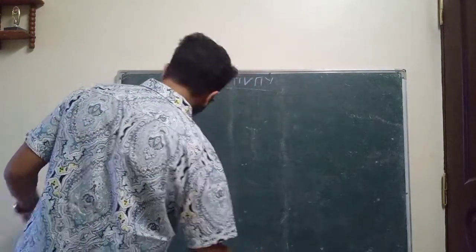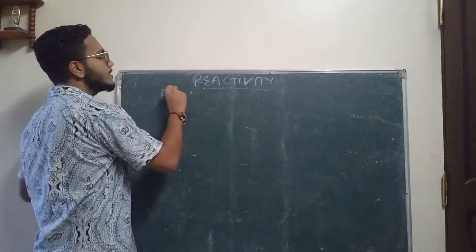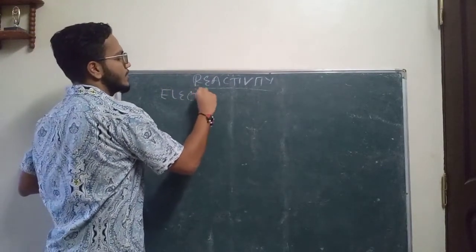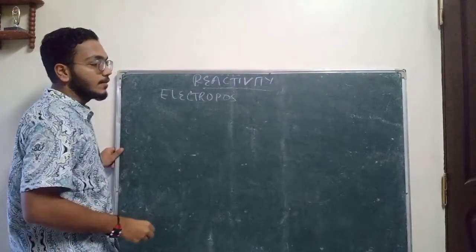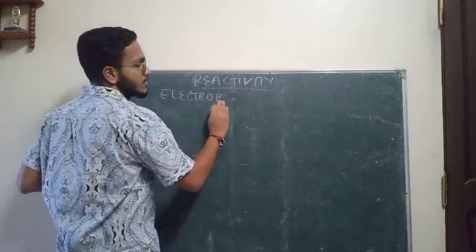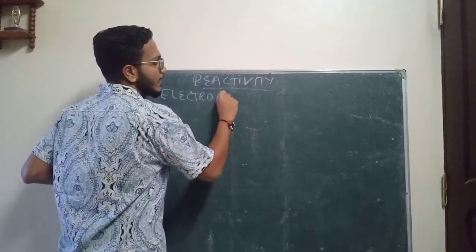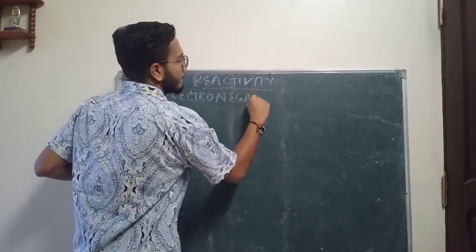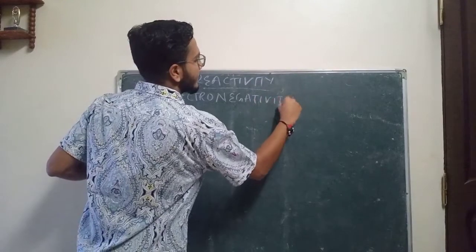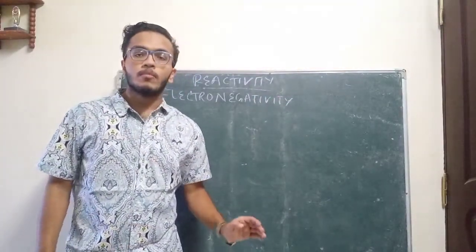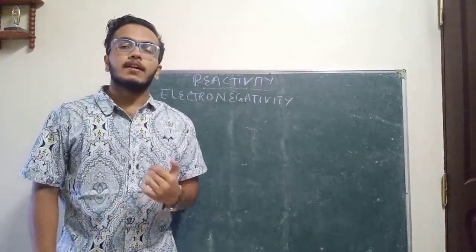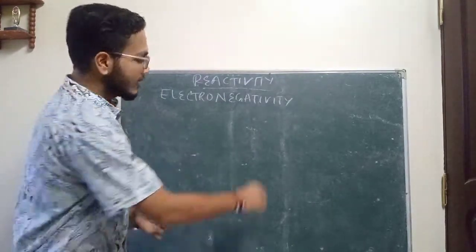Electronegativity. In alkali metals, we learned something called electropositivity, the ability of an atom to lose an electron and become positively charged. However, here we will learn electronegativity. Electronegativity is the ability of an atom to gain an electron and become negatively charged.